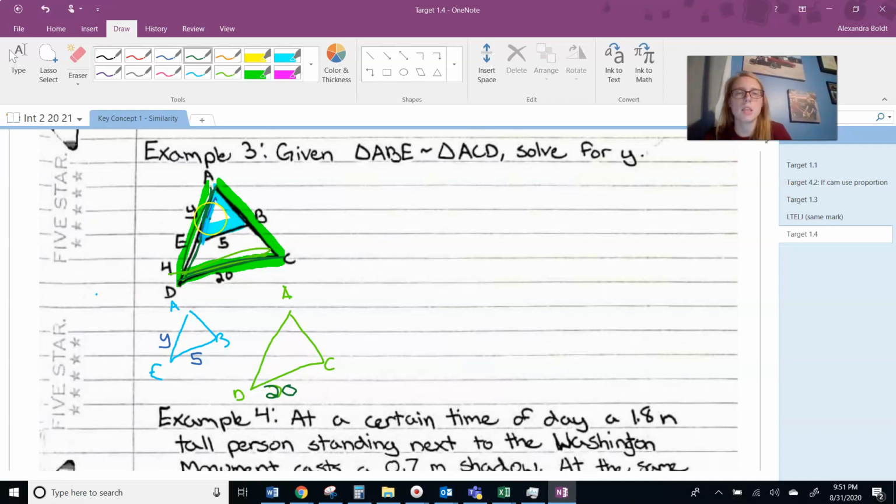Because this piece here is y, and this piece here is 4. So what I have to do here is go y and then go another 4. So really what this side here is y plus 4.